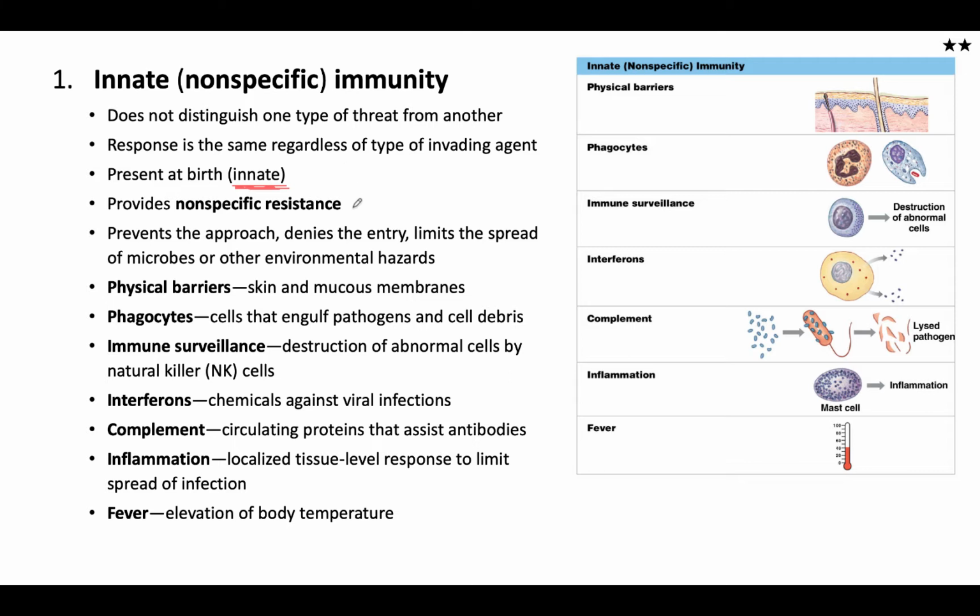It is incredibly nonspecific, and it does not distinguish one type of threat from another. So if a pathogen invades, for example, my phagocytes, shown here, will phagocytose that pathogen, and that's true whether it's a bacteria or a virus or a piece of pollen or a splinter of wood.